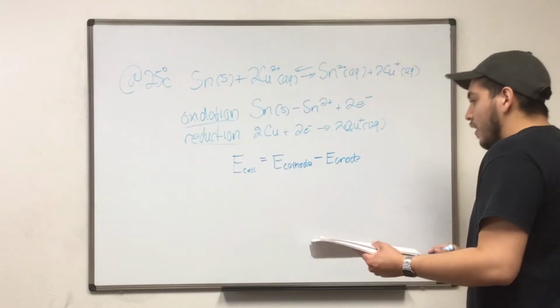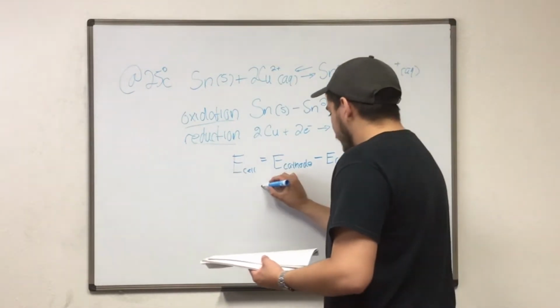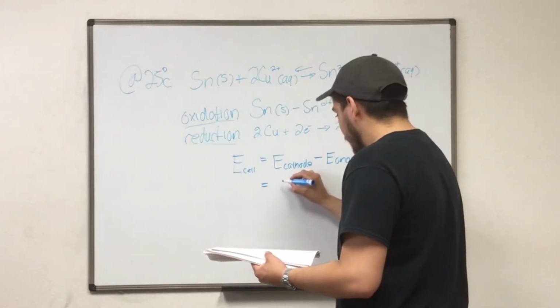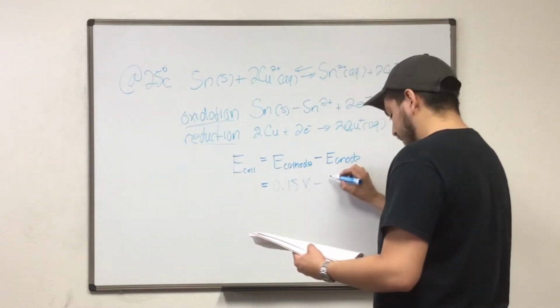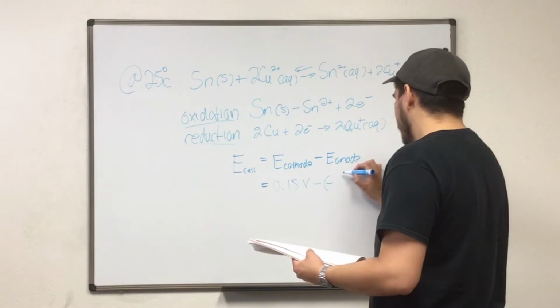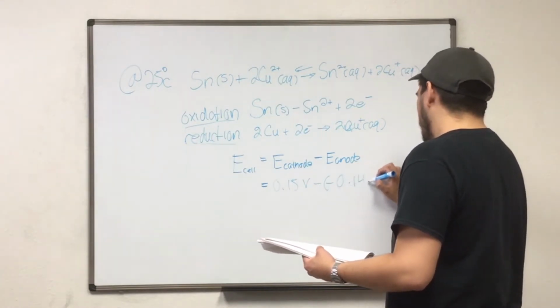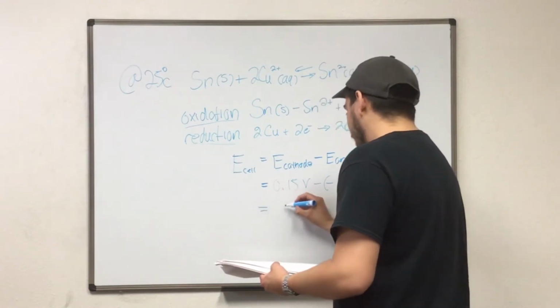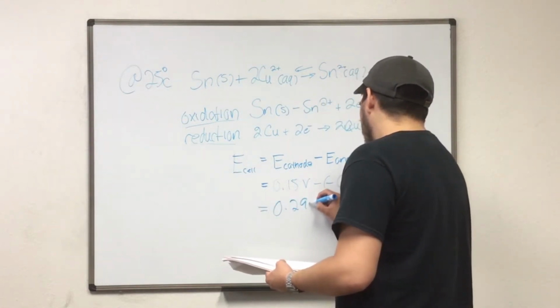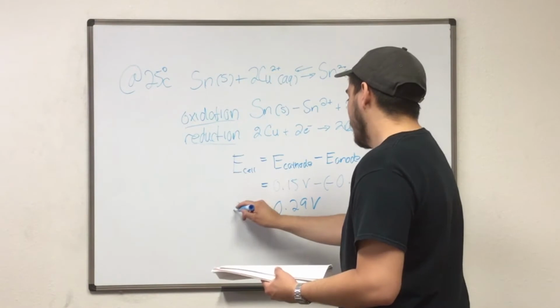Okay, so we're going to solve for this. So it's going to be 0.15 volts minus negative 0.14 volts. Okay, so this is going to give us a total of 0.29 volts for the E cell.